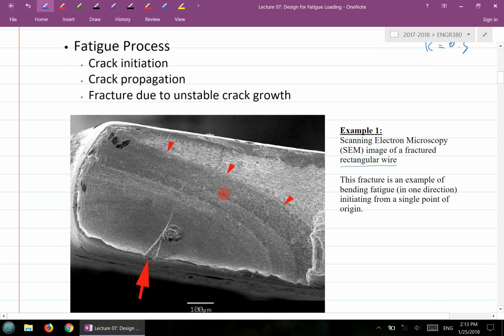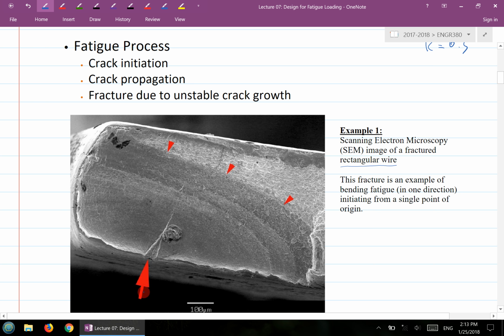So if we place this underneath the scanning electron microscope, we can look at what happened in the progress here. This dark gray area is the propagation of the crack process, and the crack starts at this location here.